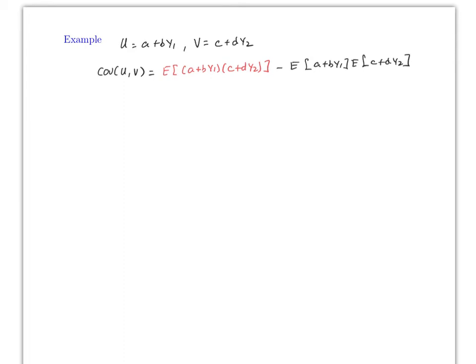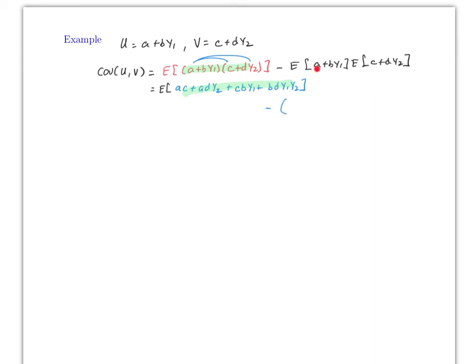Then if we distribute this, it will be the expected value of ac plus ad y2 plus cb y1 plus bd y1 y2.